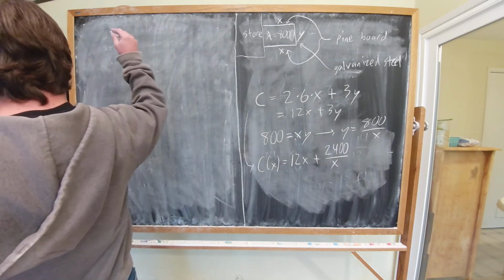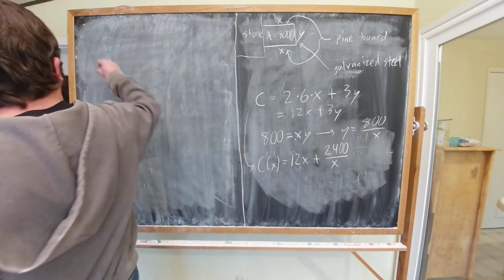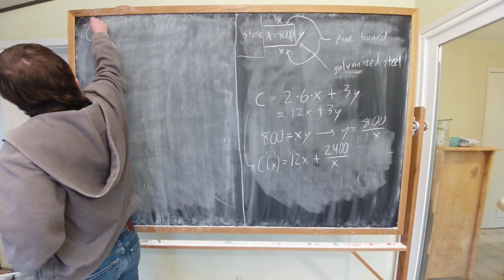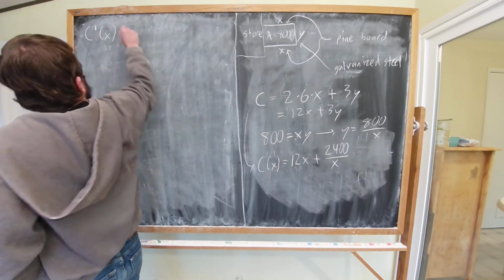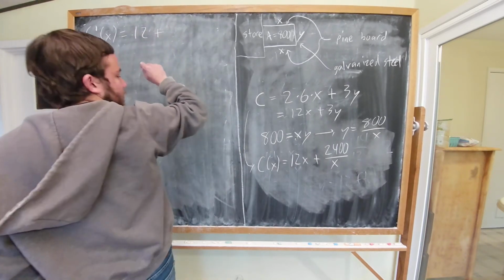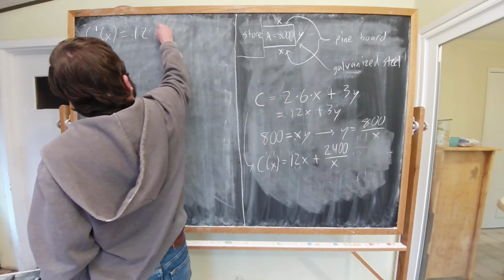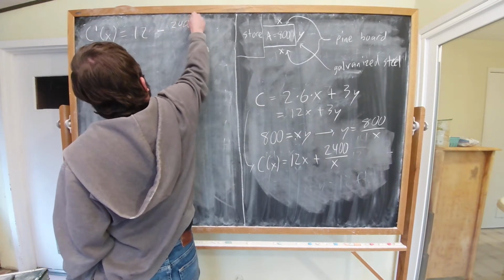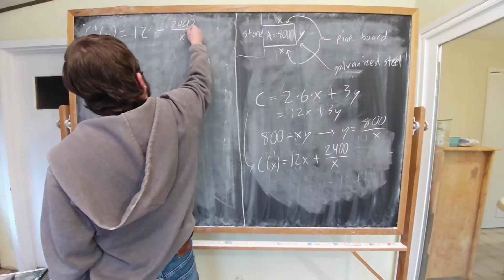Okay, so c of x is equal to 12x plus 2400 over x. Taking the derivative gives us c prime of x equal to 12 minus 2400 over x squared.